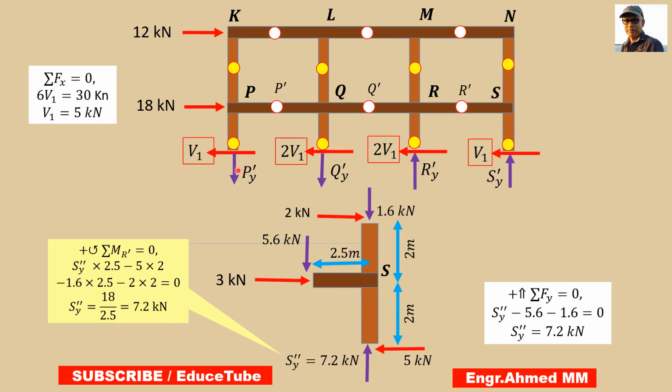Now, what are the forces? These reaction components we got here, we will connect with the support. We will transfer this to the support reactions. How to? Let's see that.